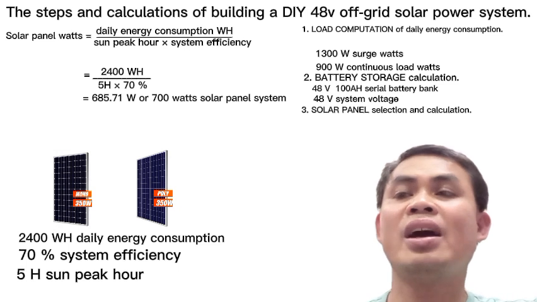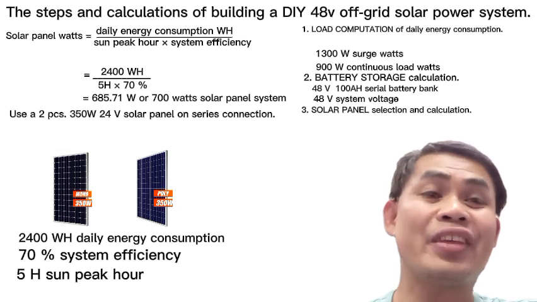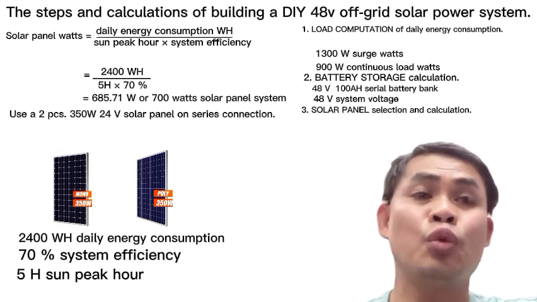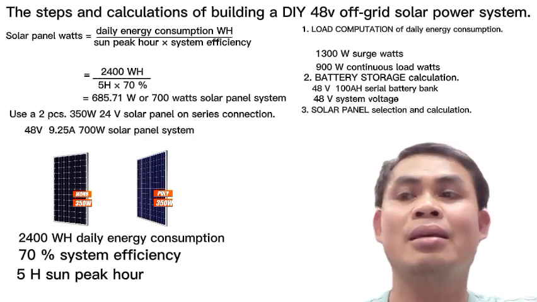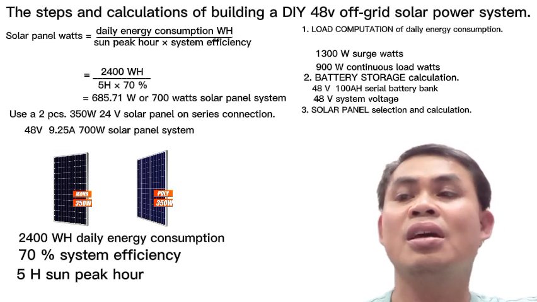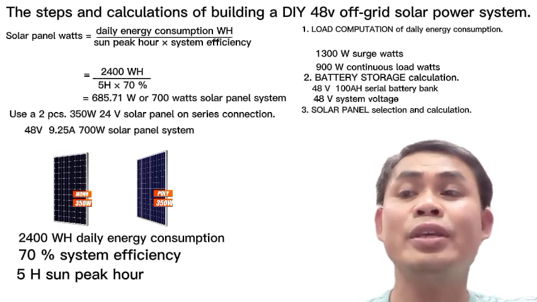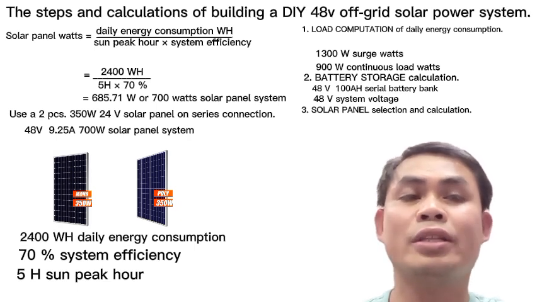Since we have a 48 volt system, we use 2 pieces of 350 watts 24 volts panels connected in series, so the voltage becomes 48 volts and remains 9.25 amperes at 700 watts.